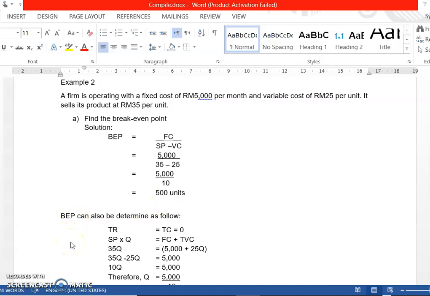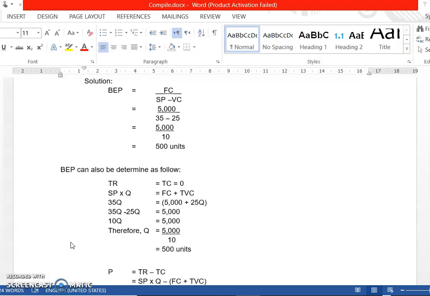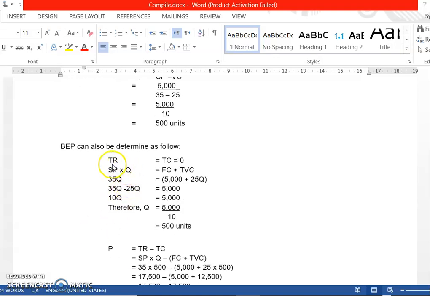Okay, another way to determine the break-even is to test where total revenue equals total cost, meaning that you don't have profits and you don't have loss. Total revenue comes from selling price times quantity, equal to fixed cost plus total variable cost. In our case, we assume that we do not know the quantity.